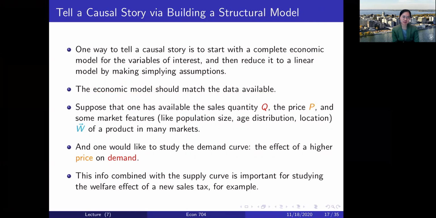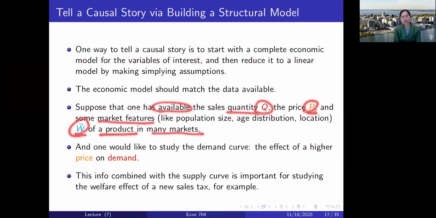Let's consider an example to fix ideas. Suppose that we have available the sales quantity Q and the price P, as well as some market features W for a product in many markets. And suppose we want to study the demand curve. The demand curve describes how demand changes when you vary price, holding other things constant.